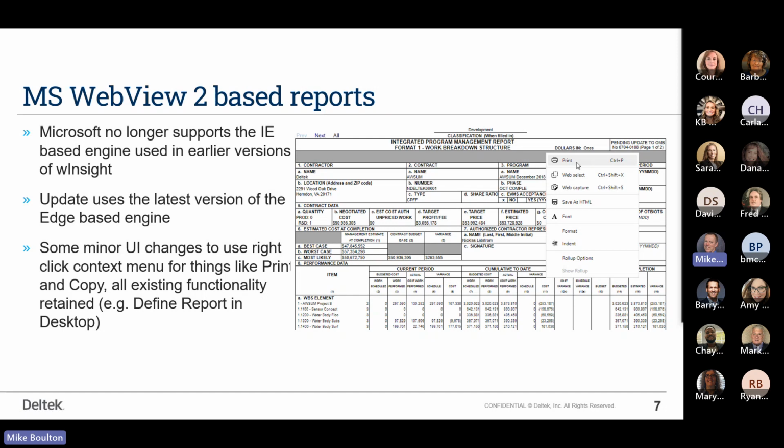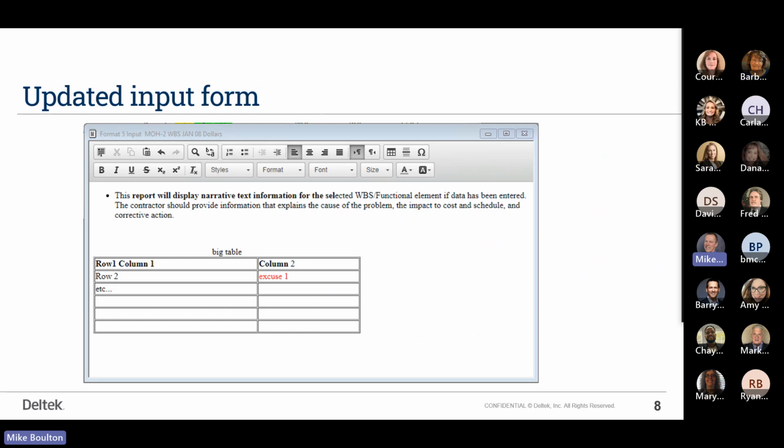And with the move to using WebView 2, there was another minor change we had to make, and that is around the input menu. So within wInsight, you can basically input things like format 5 variance reports, or you can put in descriptive element narratives, control account narratives, and things of that nature.